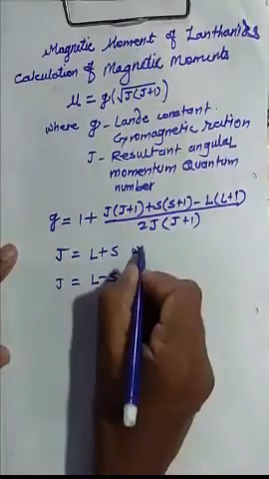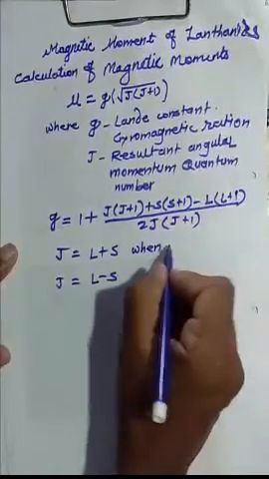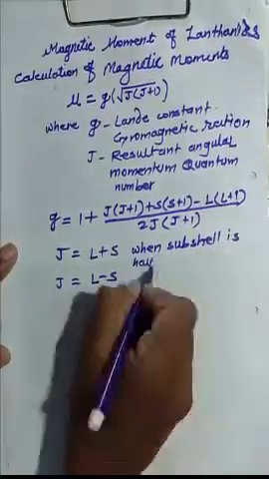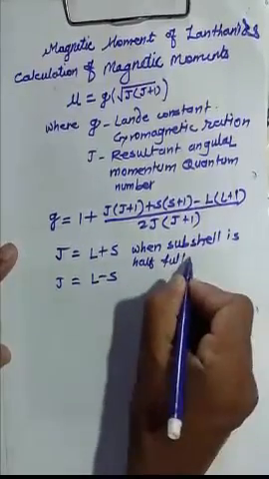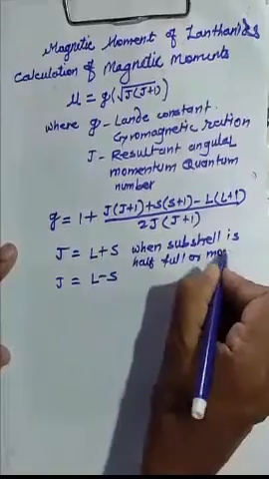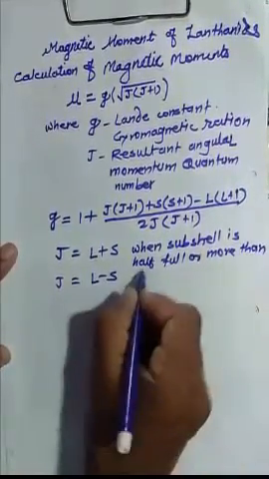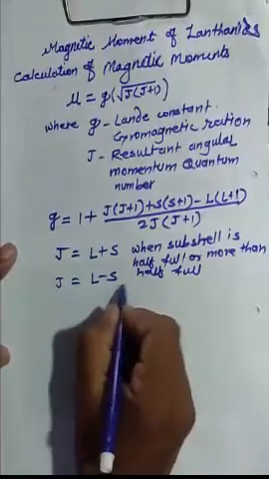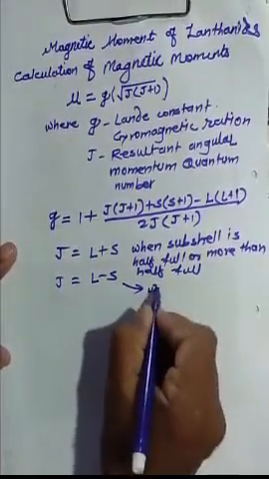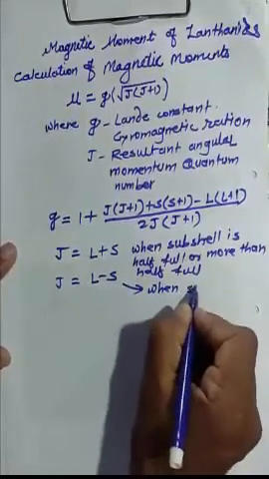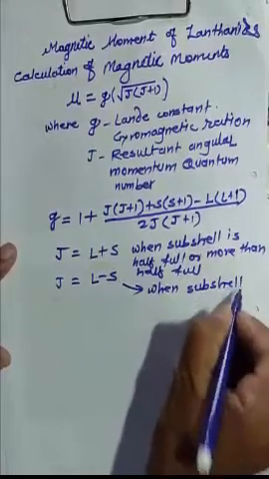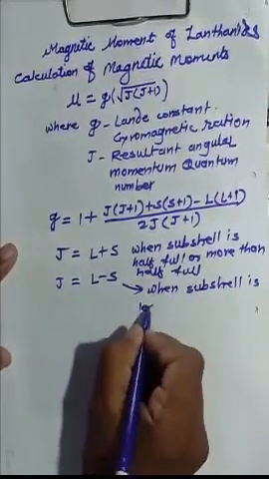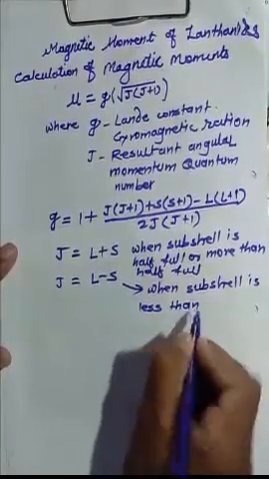L plus S is used when the subshell is half full or more than half full, and L minus S is used when the subshell is less than half full.